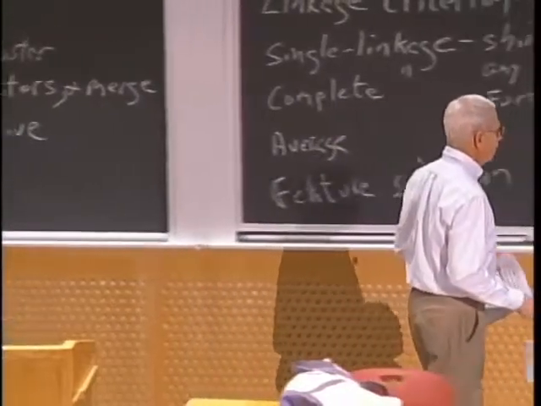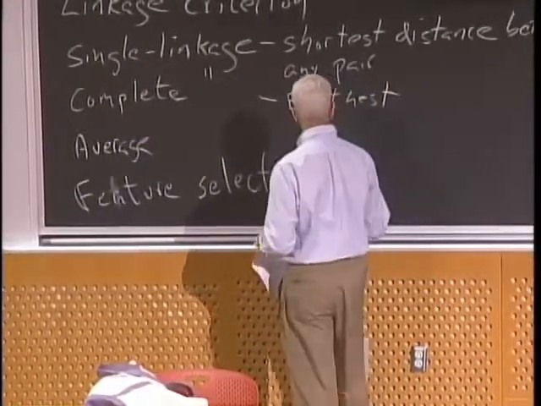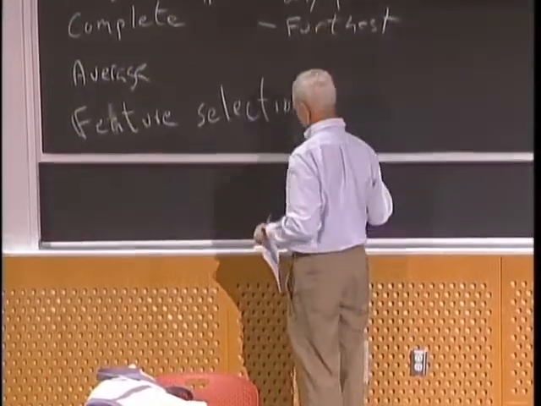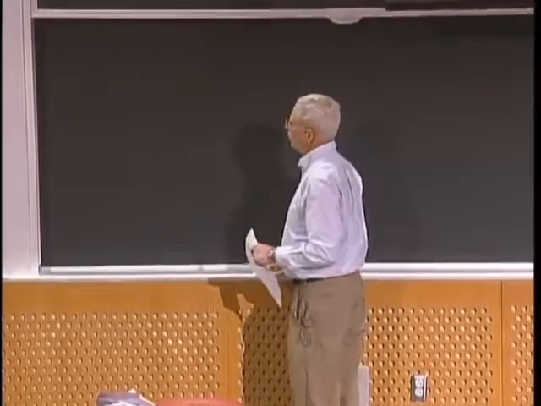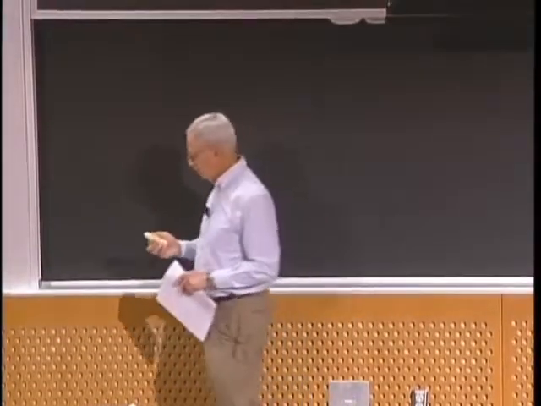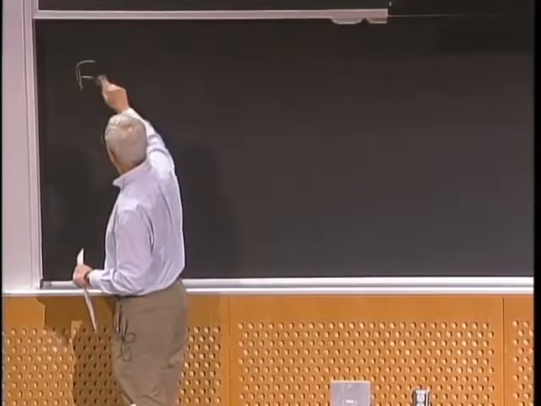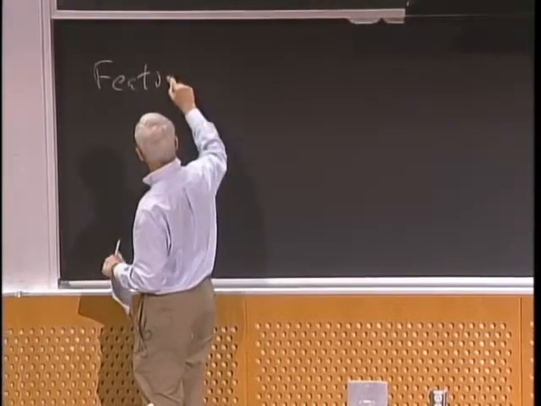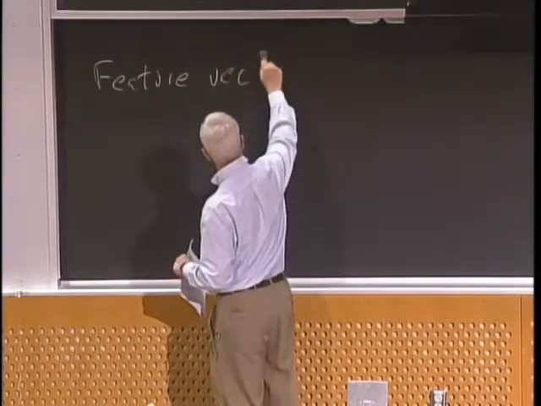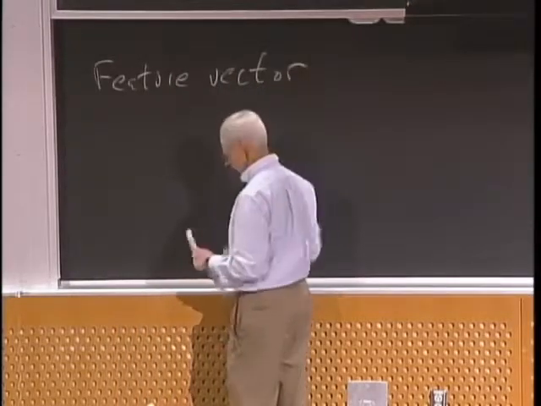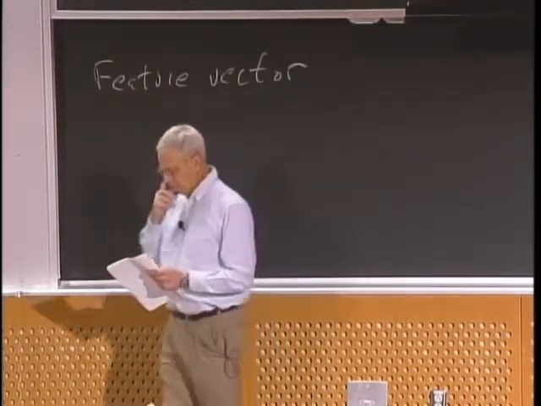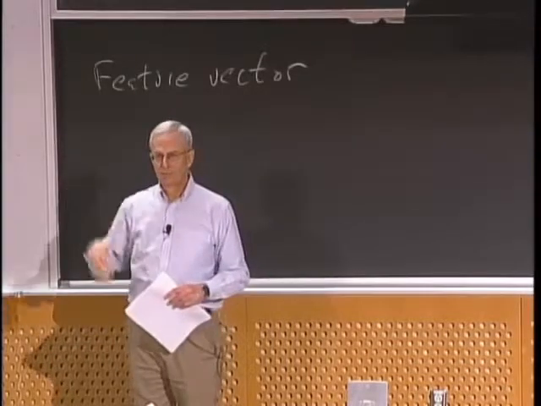What we typically need to do in these situations, dealing with multidimensional data, and most data is multidimensional, is we construct something called a feature vector that incorporates multiple features.